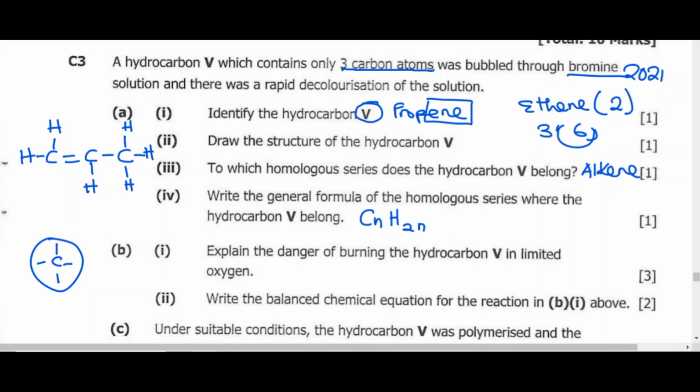Explain the dangers of burning hydrocarbon V in limited oxygen. Limited, when we say limited, meaning that it is not complete. So it is incomplete. When you burn it, carbon monoxide will be produced, which can cause people to suffocate. Carbon monoxide will absorb oxygen. We can give an example.